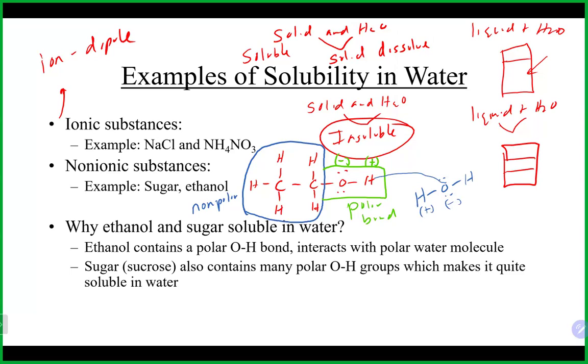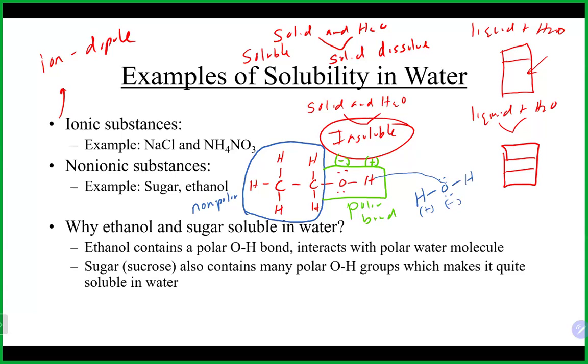Also, if you had methanol, like the experiment we were doing last week, methanol, which is one carbon and that OH group, basically, it will also be very soluble in water. So they are soluble in water, ethanol, and even methanol because they have this OH group. They're not relatively large molecules, which means the water could kind of get in there and interact really well with it, and they will be very, very soluble.